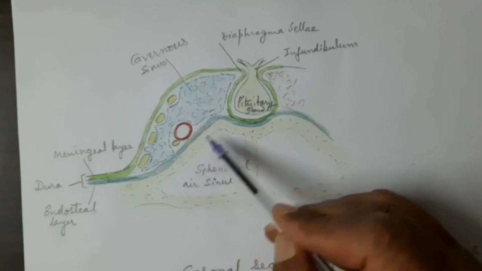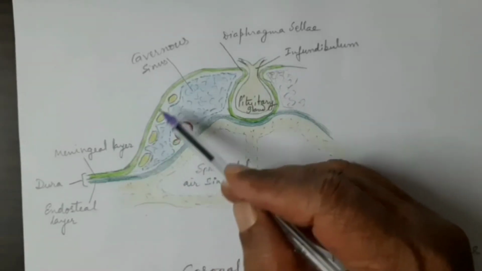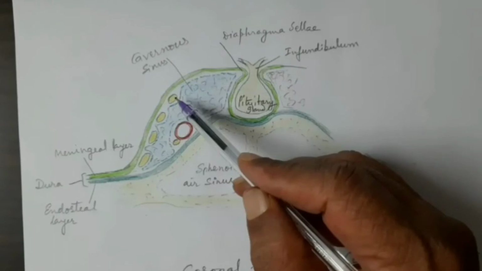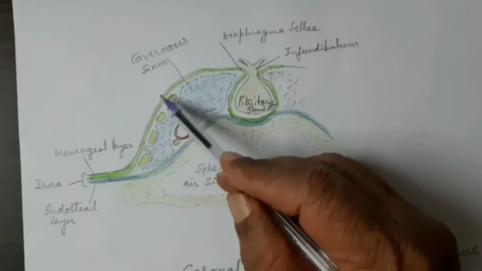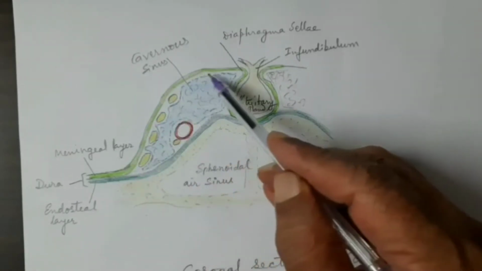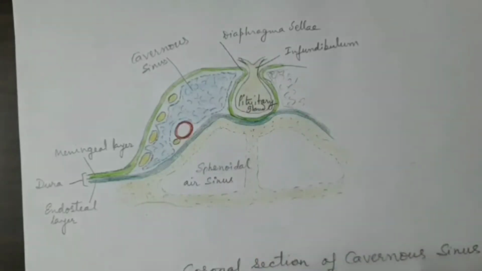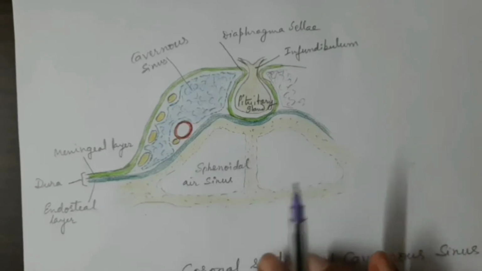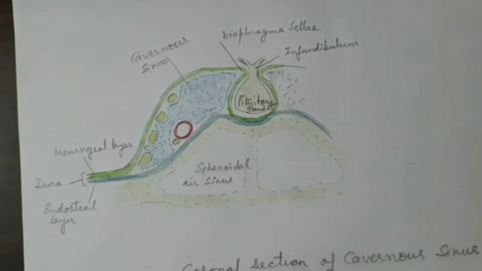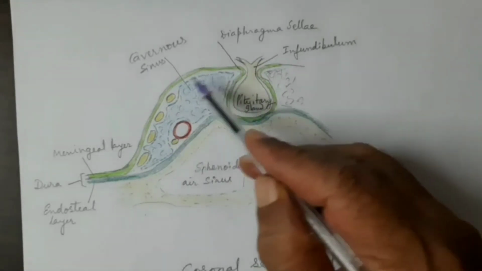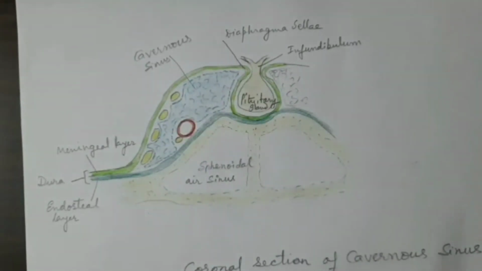Underlying bone is here. See, while the lateral wall and the roof here, they are formed by which layer? They are formed by the meningeal layer of the dura mater, okay? So you have seen how the floor, the roof, and the medial and lateral wall of the cavernous sinus are formed.